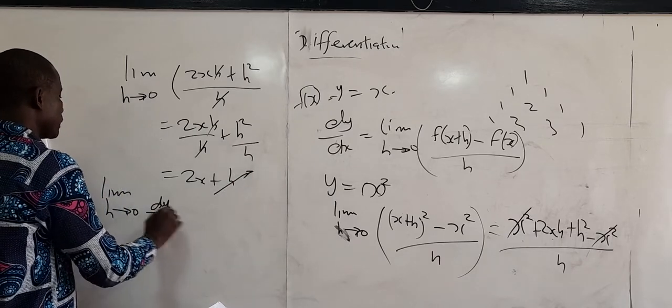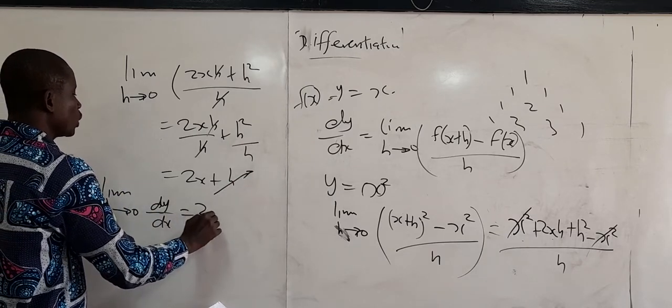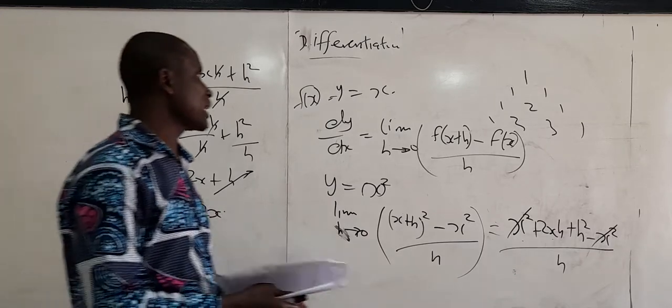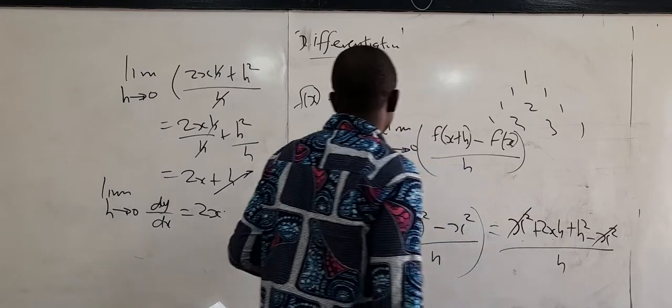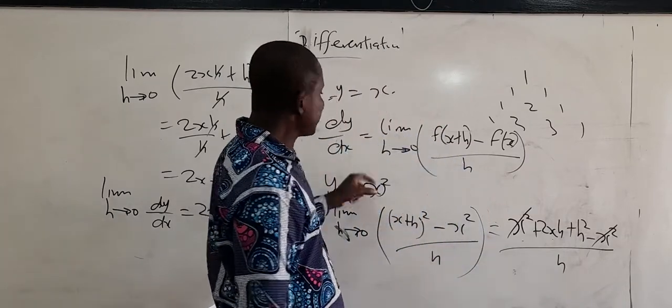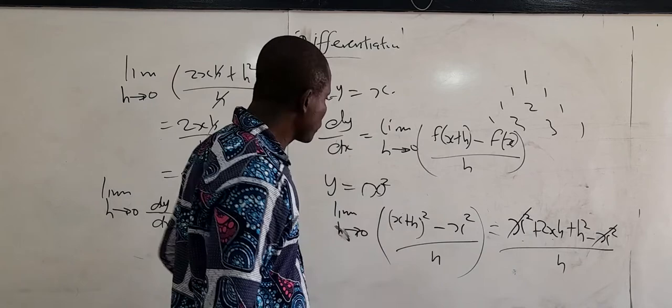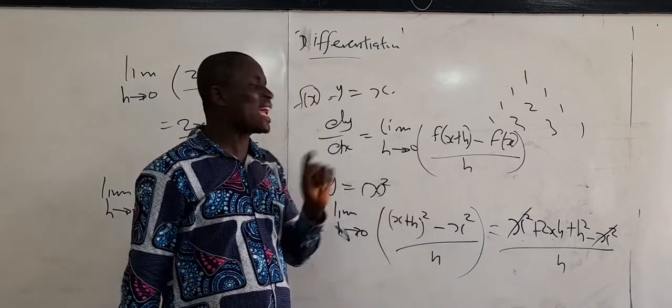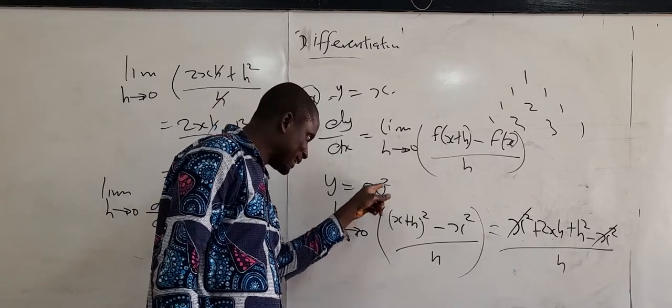So dy/dx is equal to 2x. I'm going back again. We have been asked to differentiate this x squared. So you write this x squared, then look at the x in the square there.